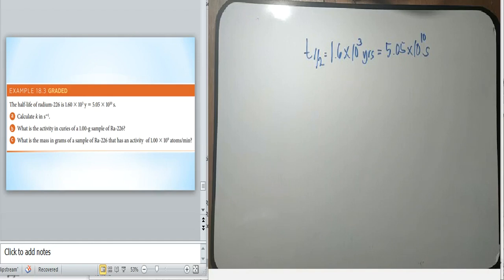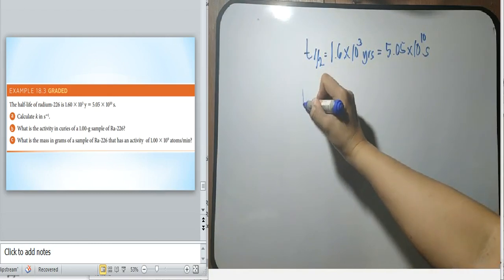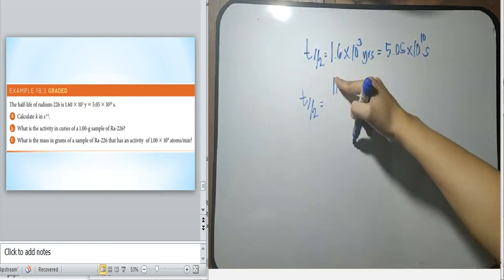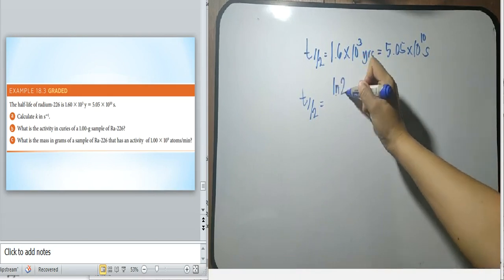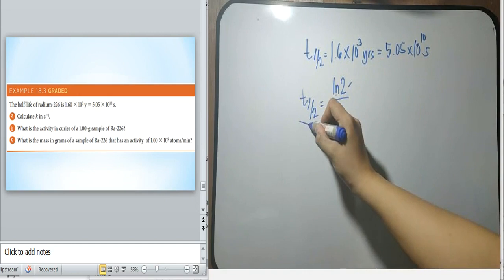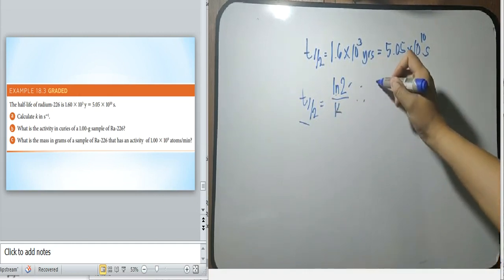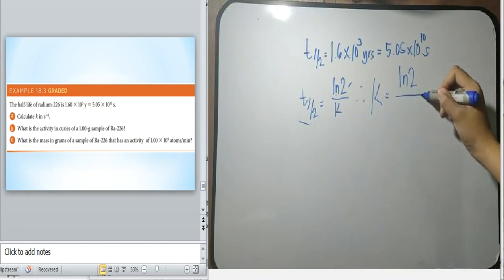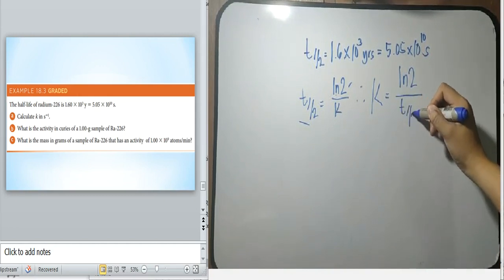Let's now calculate for the rate constant. Our formula for the half-life is T 1/2 equals ln 2 over K. Since this is constant and we already have this, therefore K is equal to ln 2 over the half-life.